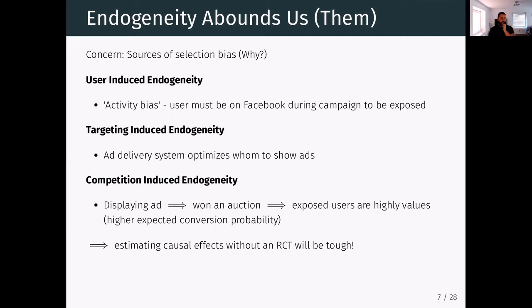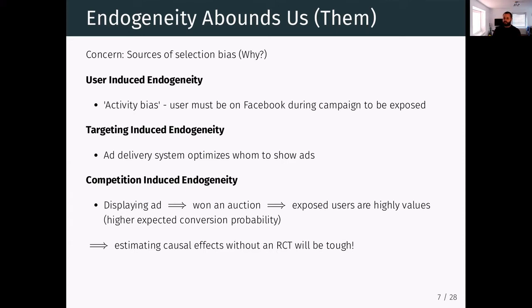There's also going to be target-induced endogeneity. And we don't have an RCT, so this is going to be quite a problem. When you're saying I want to hit males aged 24 to 35, as I said before, as you try to serve your ad to people, these modern delivery systems and how ads are allocated are going to optimize on the criteria and on who they show the ad to.